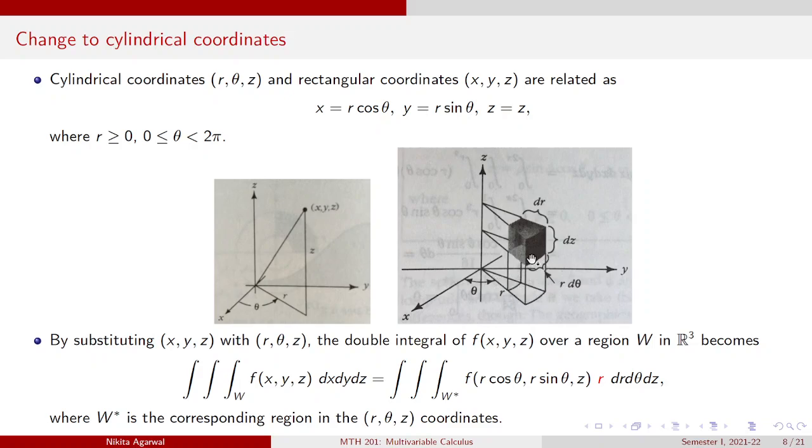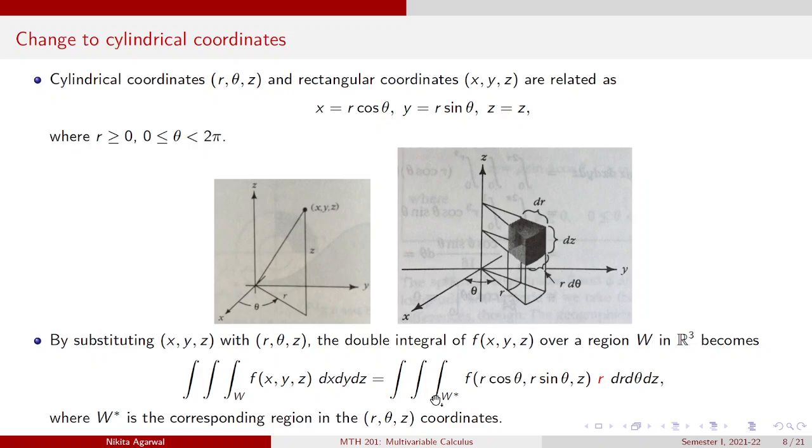So this arc region is of length r d theta, r times the angle, height is dz, and this side is dr. So if you multiply all of them, this box has volume r dr d theta dz, right? So that is what you get here. Okay. So a box of sides dx, dy, dz converts to such a box with these sides.